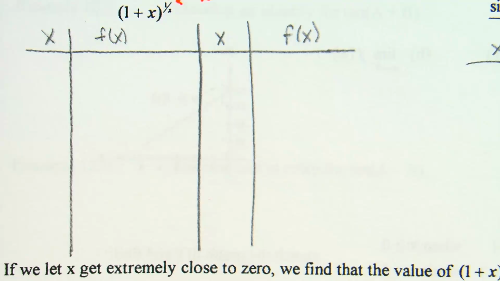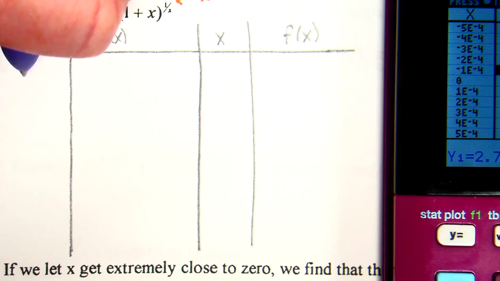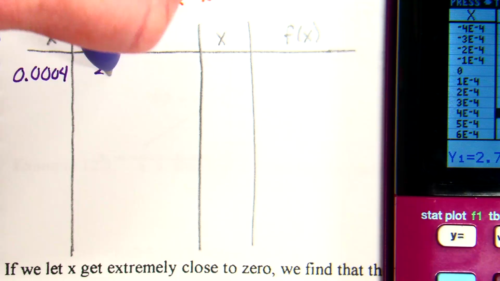So how about if we have, I don't know, I'll use these this time. So I'm going to go out to 0.004, and at 0.004 it was 2.7177.